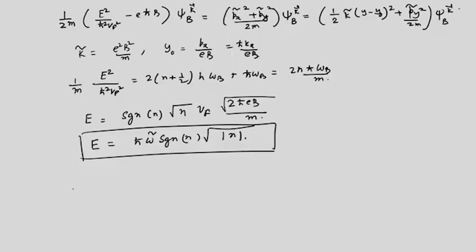Okay. So, let me write the wave functions at the k and k prime points. So, it is psi_nk at the k point.